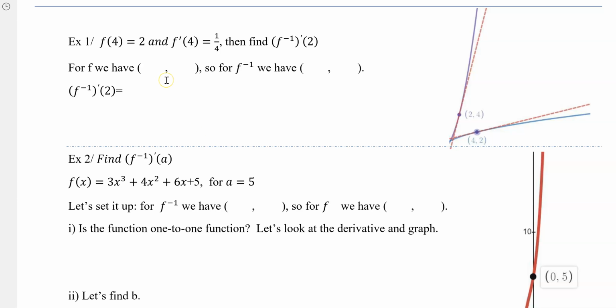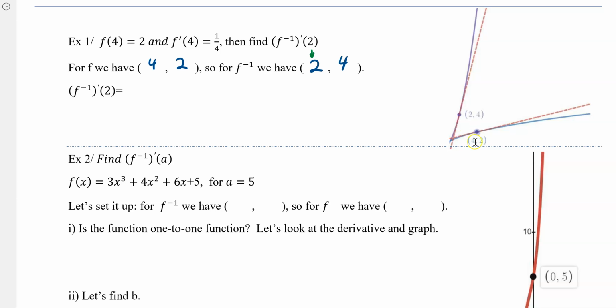So what we want to do first is set it up with our x and y. We already know that for a function f, what we have is (4, 2), which means our inverse would give us that point at (2, 4). And so you can see there is our correlation that we want. If we took the derivative of this function, plugged in 2, which is our x-coordinate, it would give us the slope of this tangent, but we're using this one here.